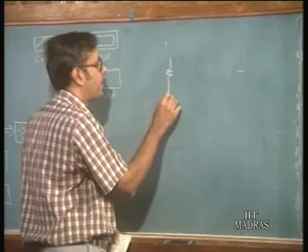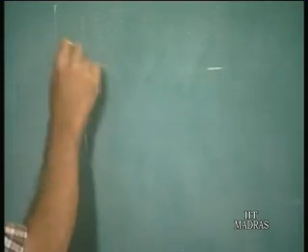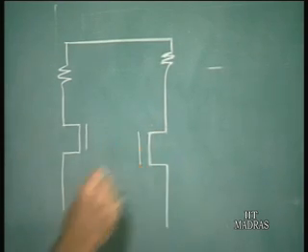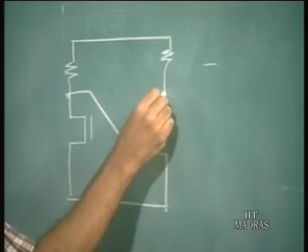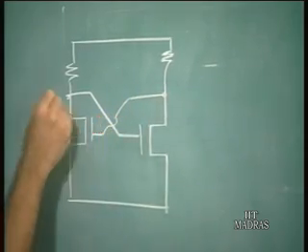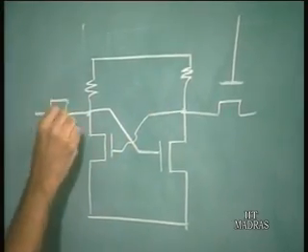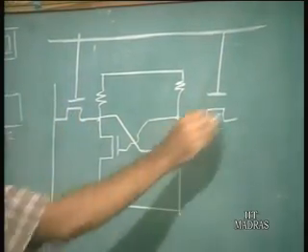Instead of the normal 6 transistor cell which is used in CMOS static RAM, we have a 4 transistor cell. It is like this. So, this is the cell which is used. This is the word line, this is the data lines.